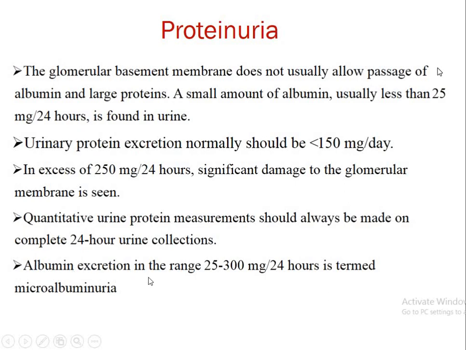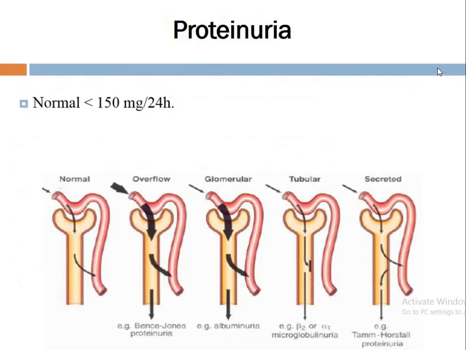If the albumin is excreted in the range of 25 to 300 milligrams per 24 hours, it is known as microalbuminuria, and it is suggestive of certain disorders of the glomerulus of the kidney. So normally the protein should in any case be less than 150 milligrams per 24 hours.